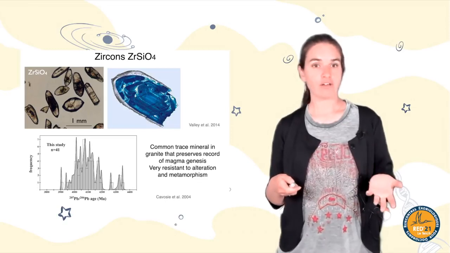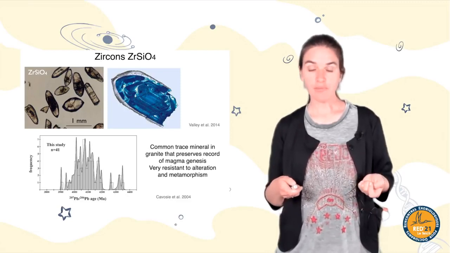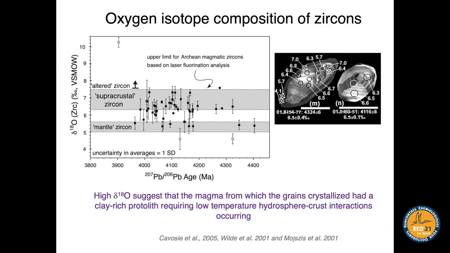If you have a higher delta 18O composition, called a supracrustal signature, like here in this picture, you can only produce it by integrating some surface sediment, especially clays. So that implies that these Jack Hills zircons were formed from a magma that incorporated clay-rich sediments formed in an ocean before 4.4 billion years ago. So the Jack Hills zircons tell us that there was liquid water present on Earth already during the Hadean.